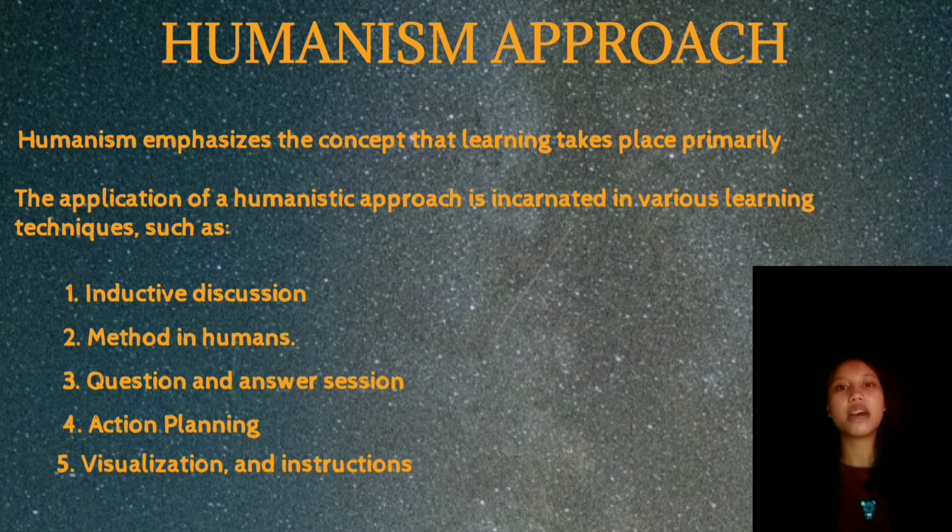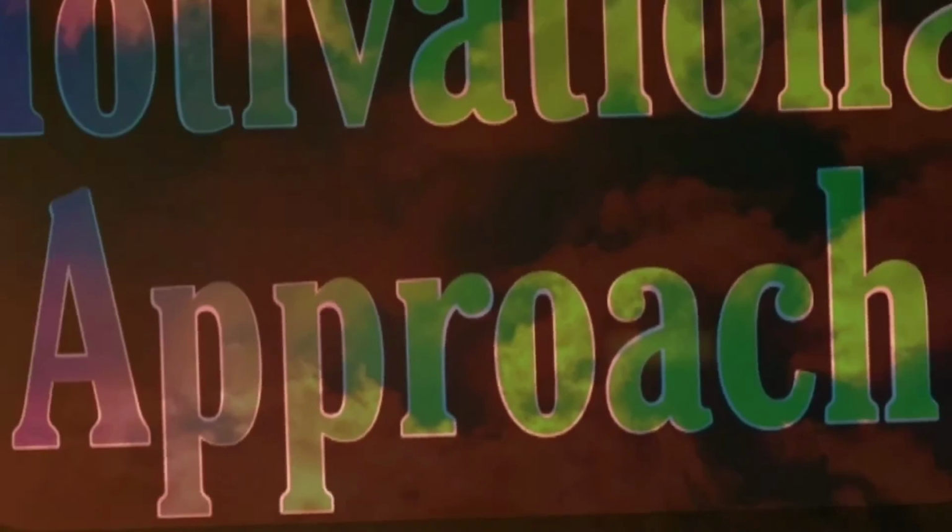In addition, the application of the humanism approach includes various learning techniques, such as the first one, inductive discussion. Second one, method in humanism, by Carl Gall's development, a project method for each group. Third one, question and answer section. Fourth, action planning. And last one, it is visualization and instruction.